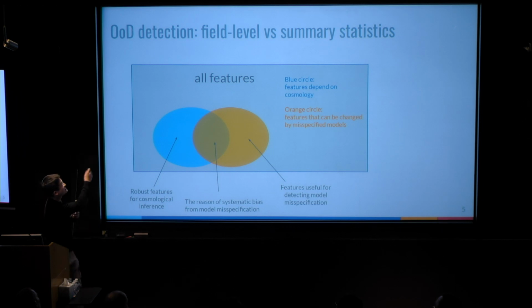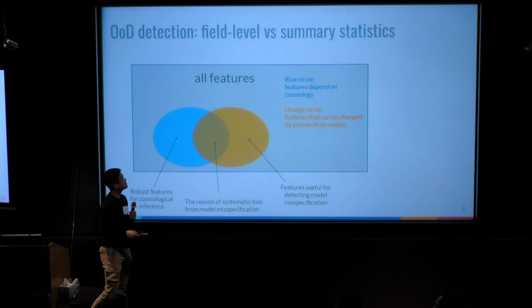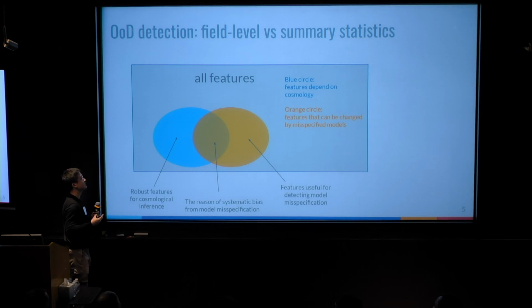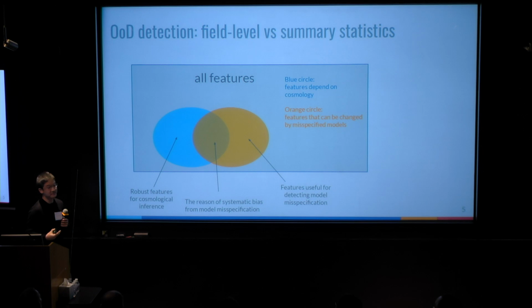Let's say this is our feature space of the data. The blue circle represents the features that depend on the cosmology, so we can use them for cosmological inference. The orange circle represents the features that can be impacted by the misspecified models. In this case, we are considering baryonic feedback, but it could also correspond to other systematics.